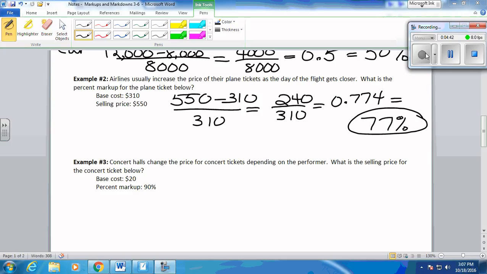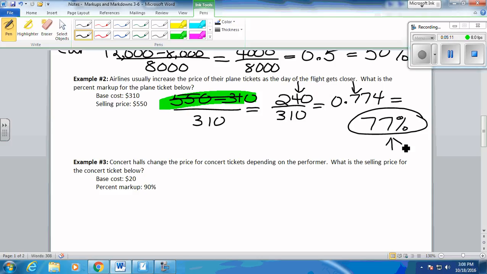Again, we have to find the amount of markup that there was, so we had to subtract the selling price and the base cost to give us the 240. I imagine that most of you are probably going to skip this step, but I'm cautioning you against, again, taking shortcuts. So I divide that out. I now have a fraction, which I'm going to convert to a decimal, and then I finally convert it to a percent.